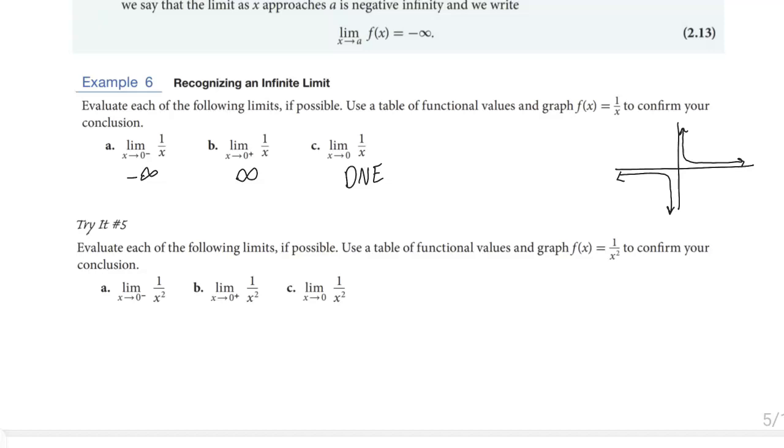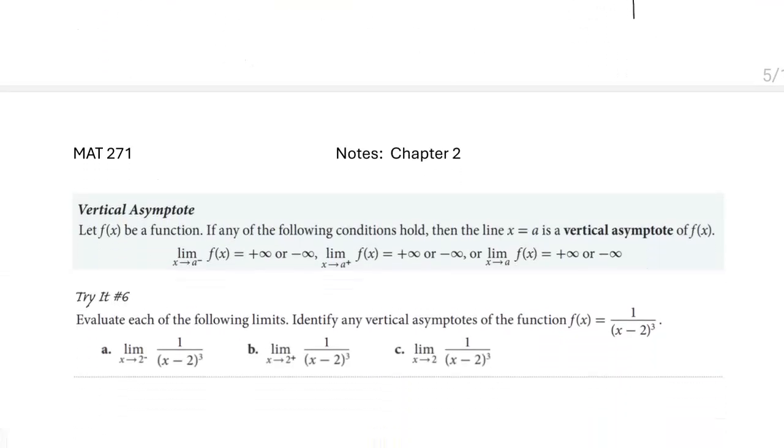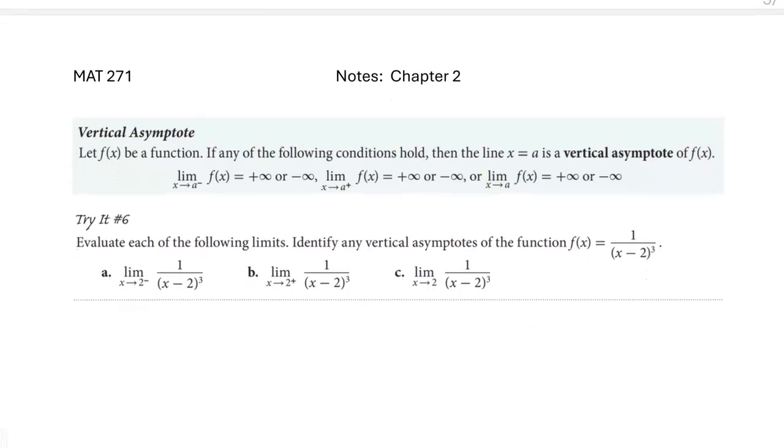And that's going to be different if I look at 1 over x squared. 1 over x squared looks like this. So as I approach 0 from the left, this is heading up to positive infinity. From the right, we're heading up to positive infinity, which means that from both sides, we're heading up to positive infinity. And it turns out that's actually the definition of a vertical asymptote, is that unbounded behavior.